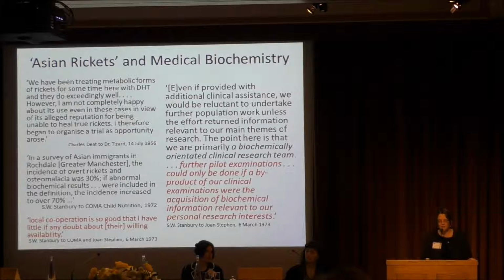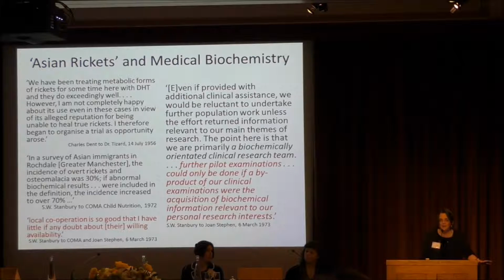And the only patient he was able to find that had what he called true rickets in order to test his treatment was a migrant. He looked very carefully for other cases of the same, and as he said, I began to organize a trial as opportunity arose. So this particular population, this unusual and new population for Britain, allowed people who were on the cutting edge of their science to investigate normal physiology in a disease that had become, from the English disease, one that was extremely abnormal in Britain.